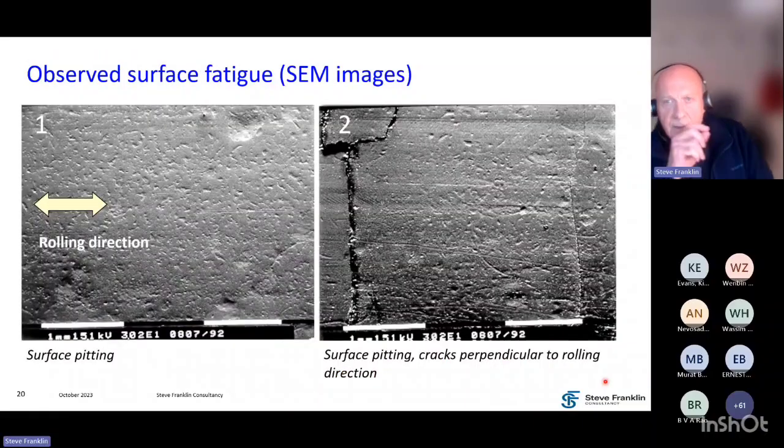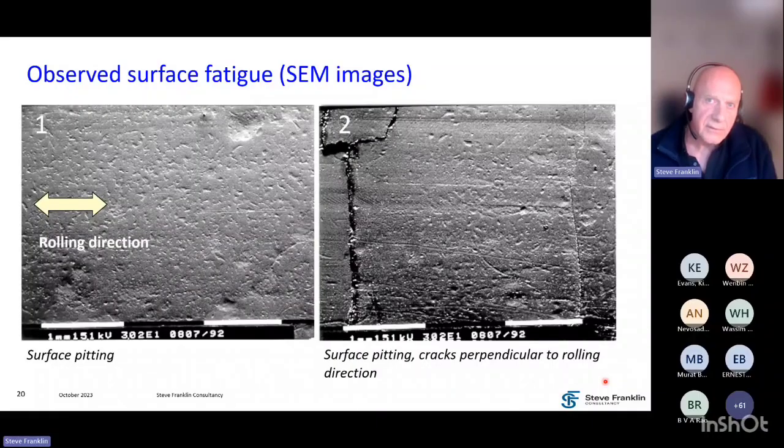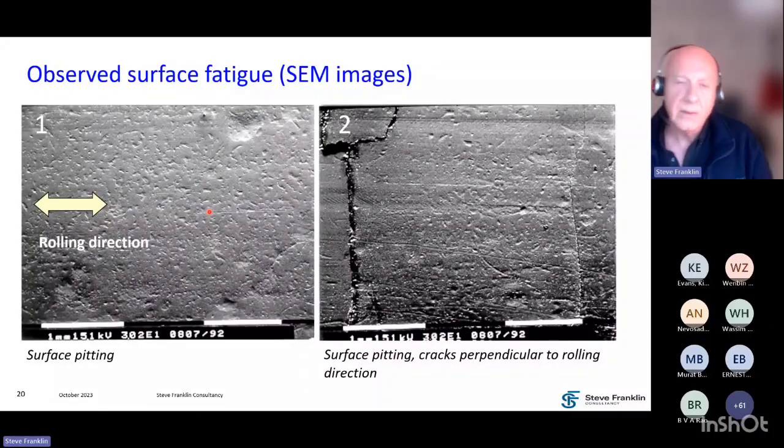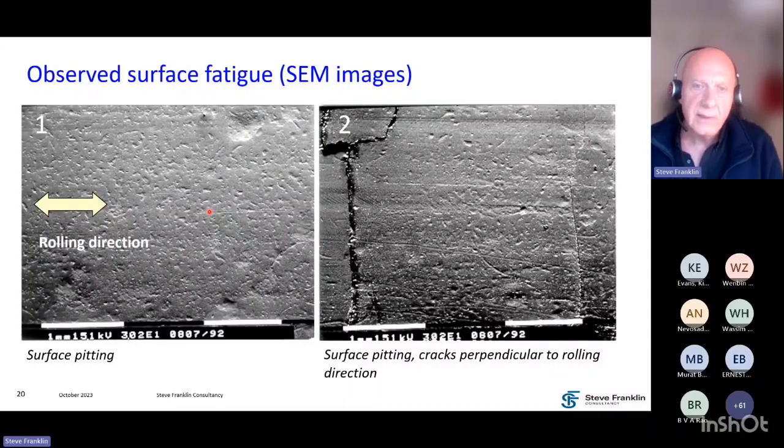And in fact, I said it was a failure investigation, and it did fail, and we saw a lot of indications of surface fatigue in this case. So these are SEM, scanning electron microscope images of the surface of the strip, where we can see these pits in the surface. This is called pitting, which is typically the beginning of surface fatigue.